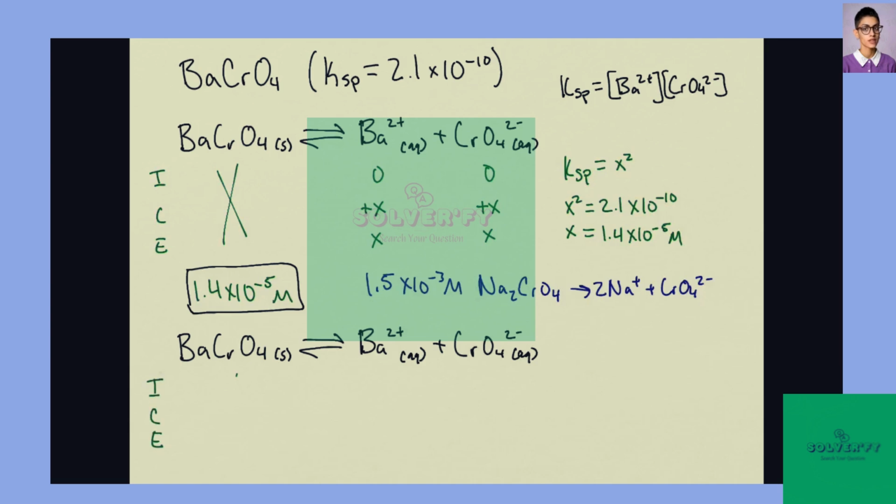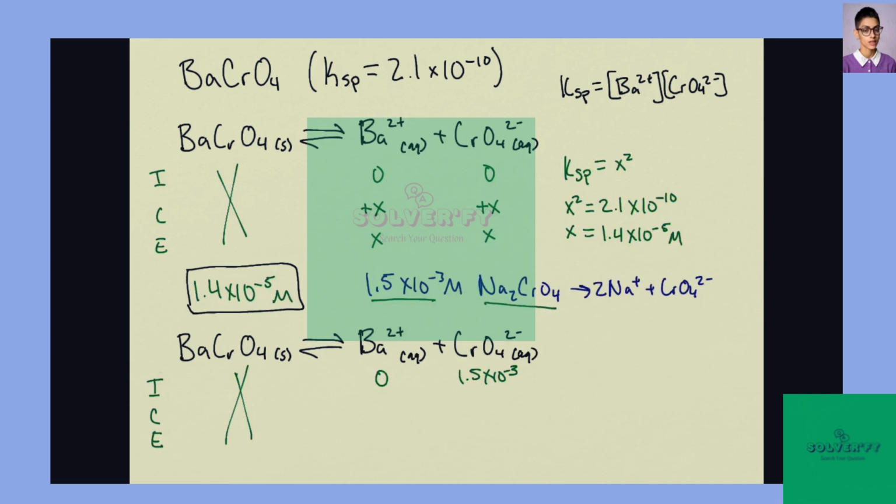our initial concentration for Ba2+ is still 0, but our initial concentration for CrO4 2- will be 1.5 times 10 to the negative 3rd molar from our 1.5 times 10 to the negative 3rd molar Na2CrO4.